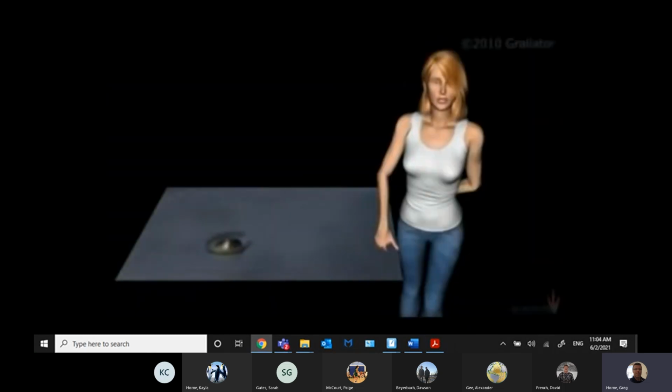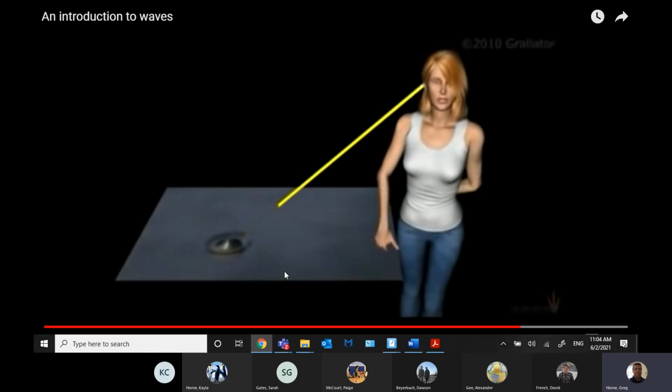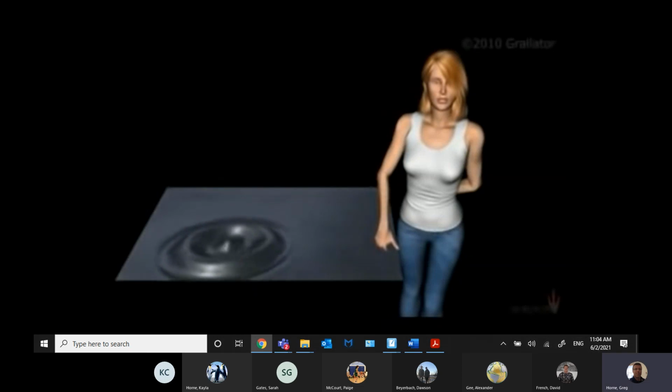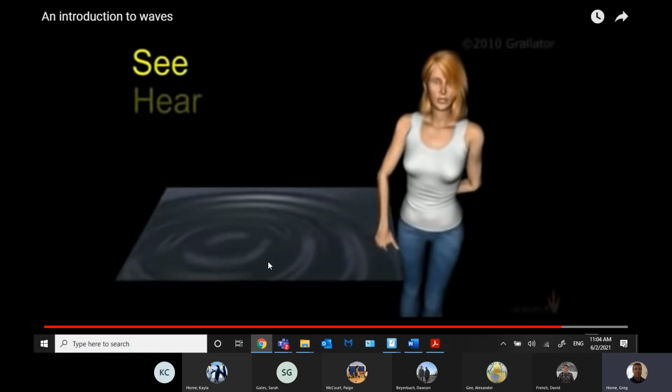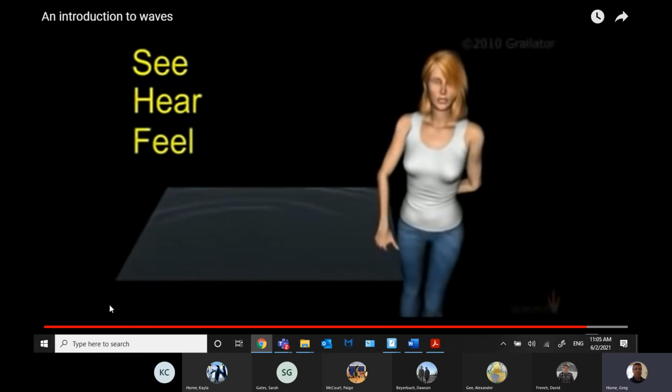For example, light is a kind of wave that travels very quickly, and we use it to see the rock or into the water. Sound is also a wave. It travels much slower than light, and we use the sound to hear the splash the rock makes as it hits the water. Both of these waves travel faster than the water wave. This is why we see the rock hit the water slightly before we hear the splash, and why we are aware of both the sight and sound of this before we feel the waves that are produced.